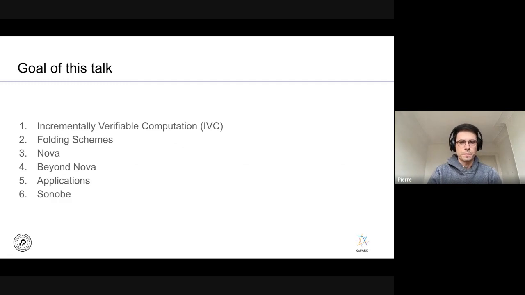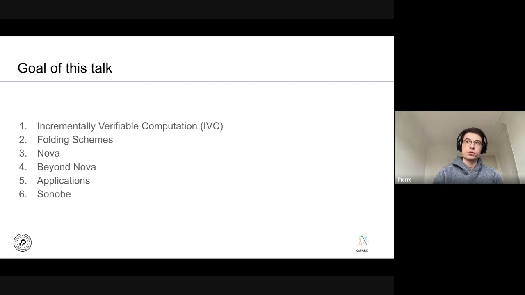Then I will also give you a brief overview of the different schemes that have been proposed after Nova. I call that beyond Nova. It's mainly schemes for Plonkish circuits, or schemes making it possible to fold not only two instances into one, but n instances into one.